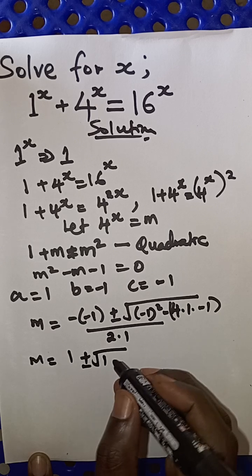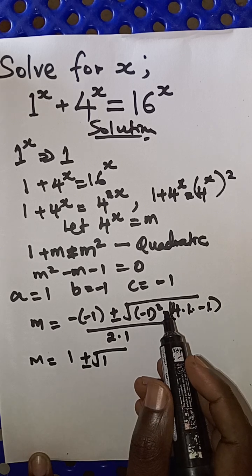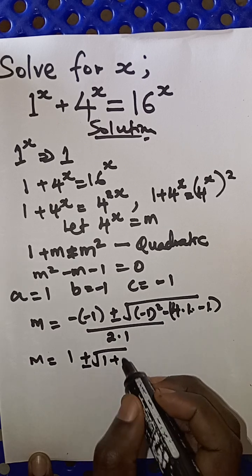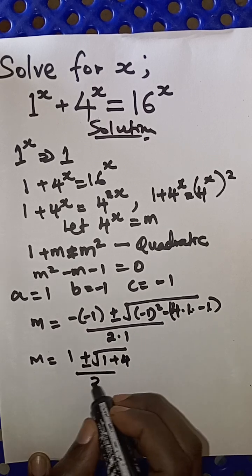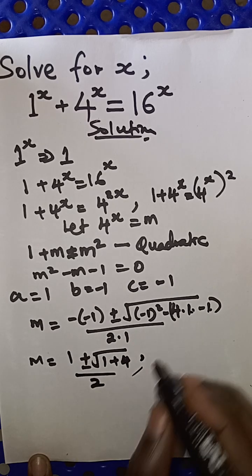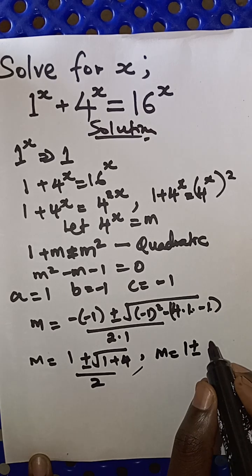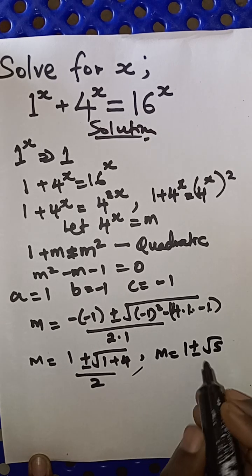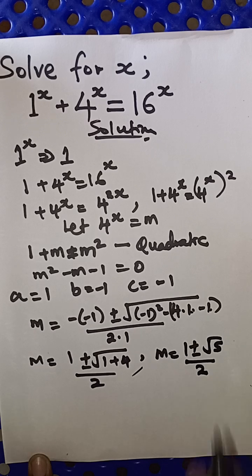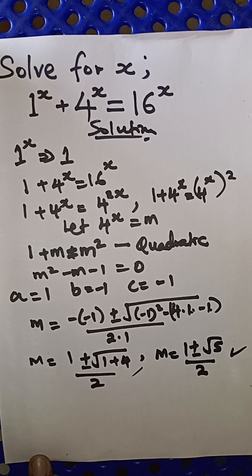And then 4 times negative 1 is negative 4, and there's a negative here, so it's going to be positive 4, all over 2. Simplifying it further, m now is equal to 1 plus or minus the square root of 5 all over 2 as my value of m.